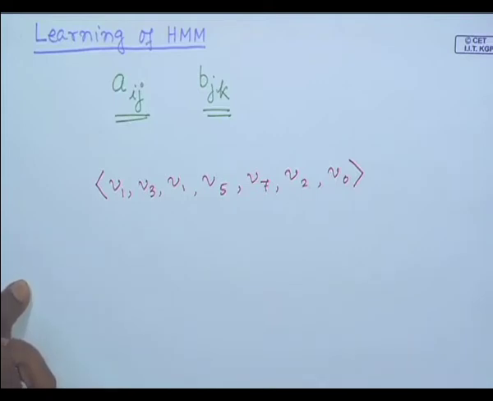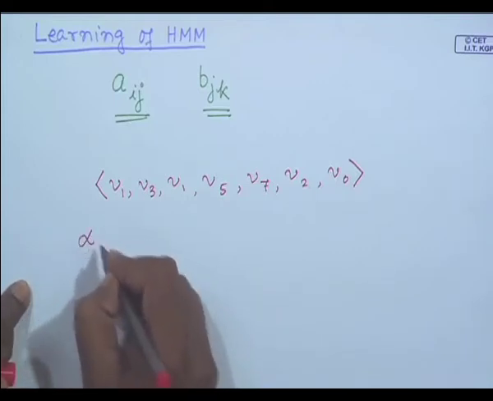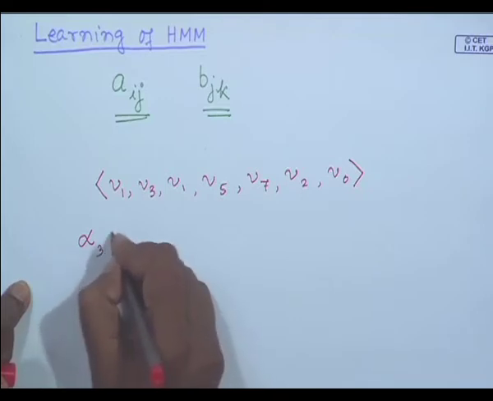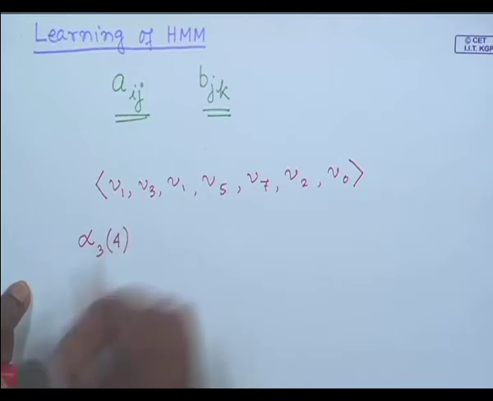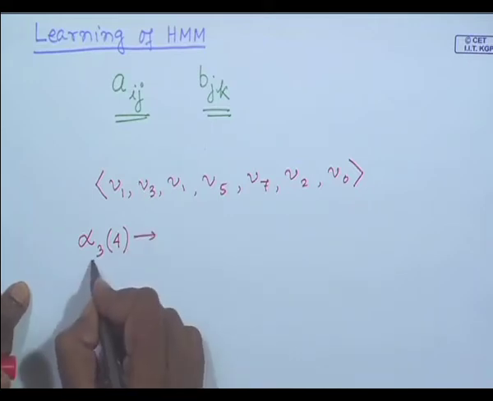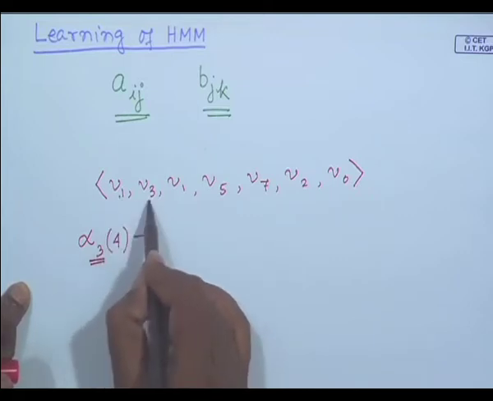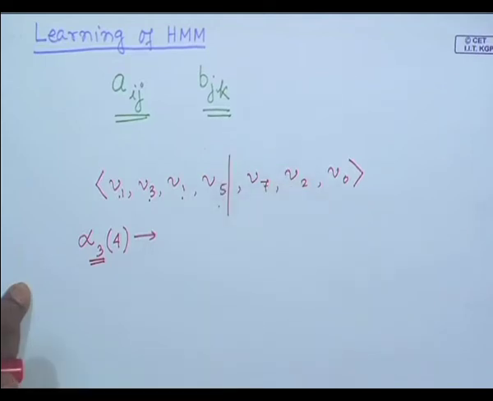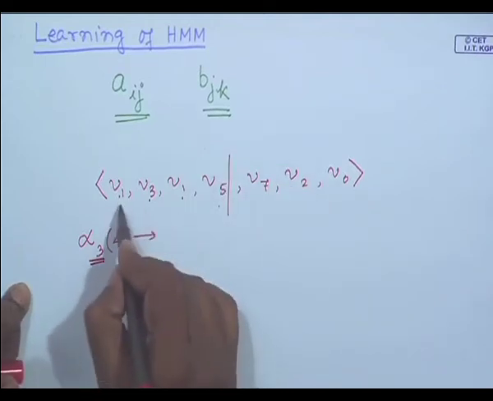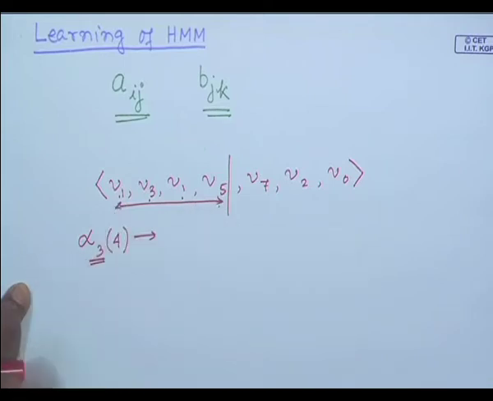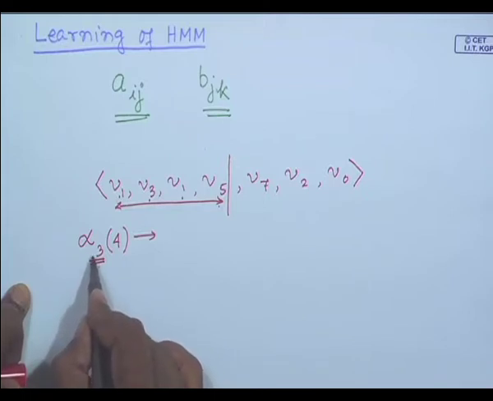So, alpha 3, 4 gives me the probability that the machine will be in state omega 3 after generating V1, V3, V1 and V5 up to this. So, the machine has generated these symbols in the given sequence, and then what is the probability that it will be in the hidden state omega 3.